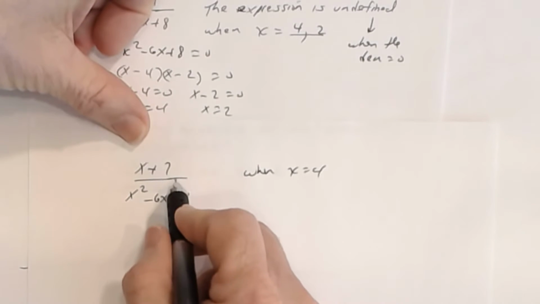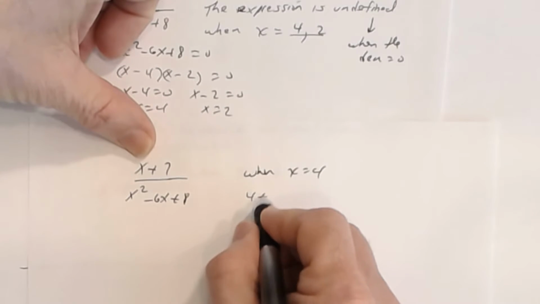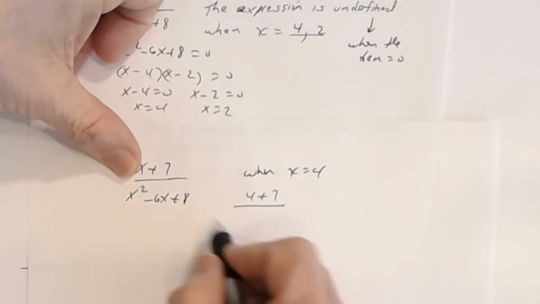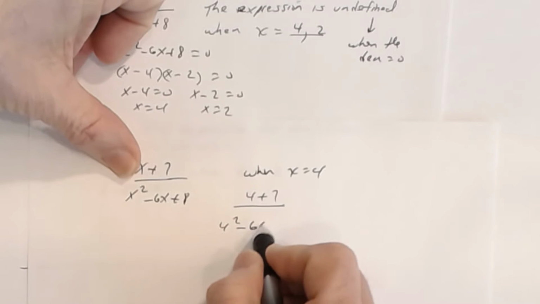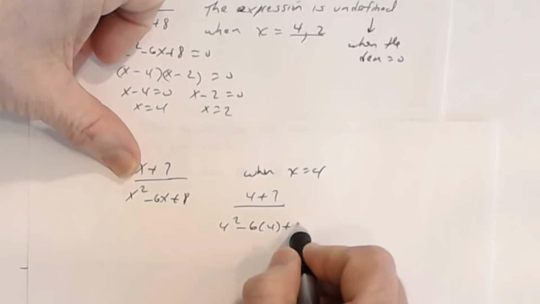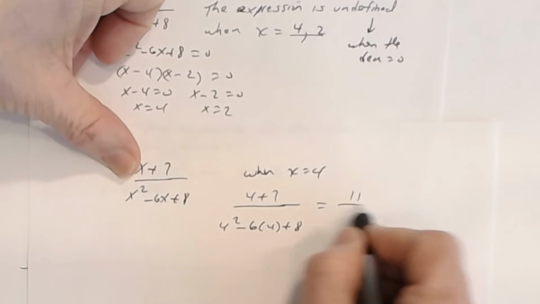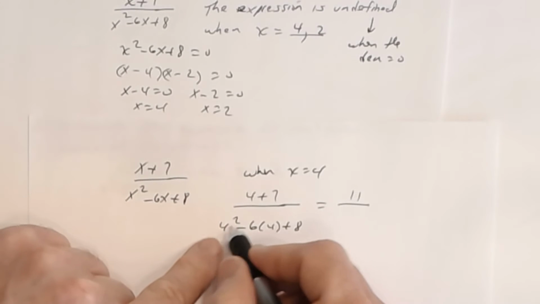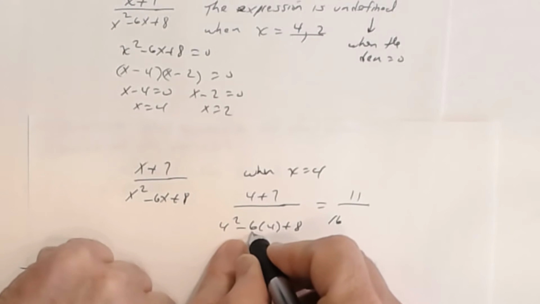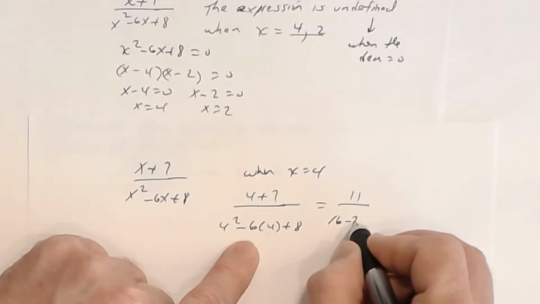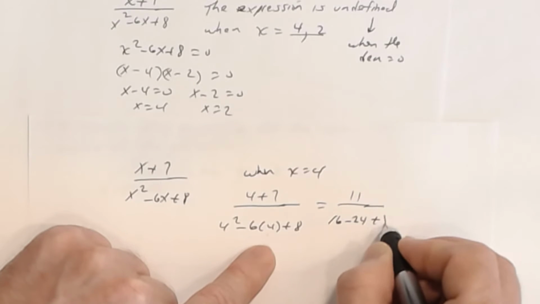When I substitute 4, I get 4 plus 7 divided by 4 squared minus 6 times 4 plus 8. Well, 4 plus 7, the numerator, is 11. The denominator, 4 squared 16, 6 times 4 is 24, so you get 16 minus 24 plus 8.